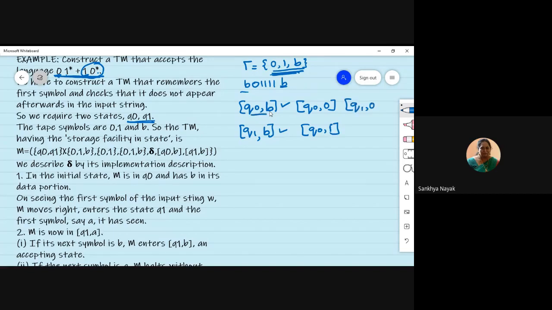So Q0 on B, Q0 on 0, and Q0 on 1. Similarly, Q1 on B, Q1 on 0, and Q1 on 1. So you can see here Q0 and Q1 with 0, 1 and blank. So total possibilities are 6. Whether we use all the 6 or not, we'll see when we solve the problems.